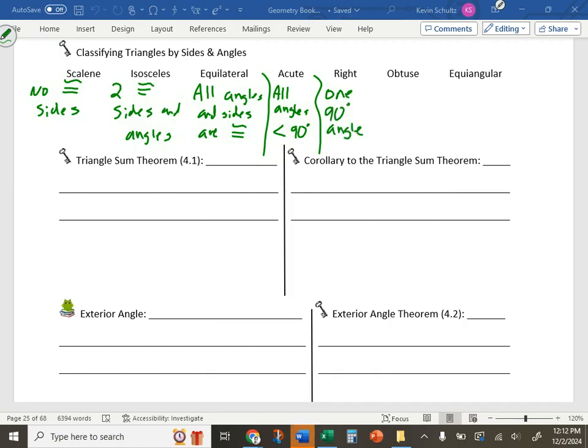One 90-degree angle. How about an obtuse triangle? One angle greater than 90 degrees. Yes, one angle greater than 90 degrees.